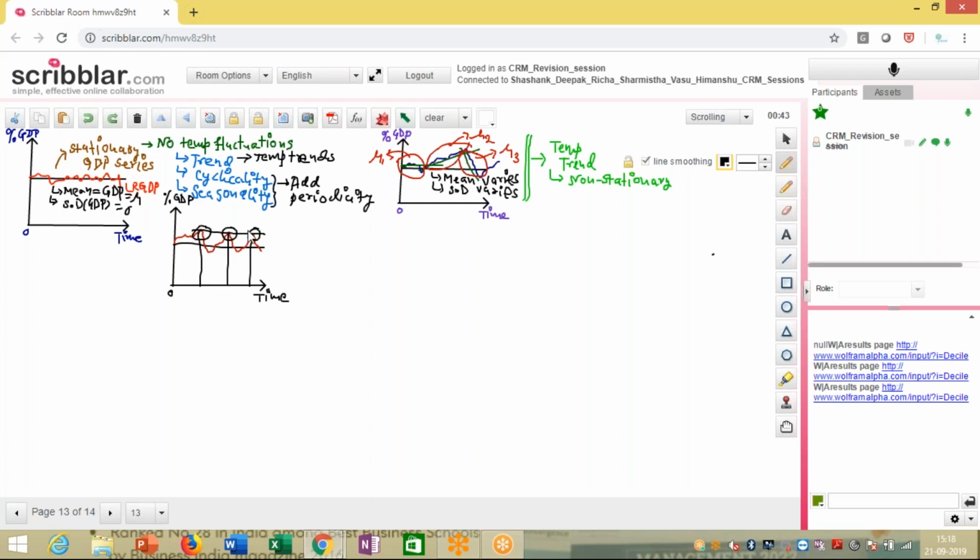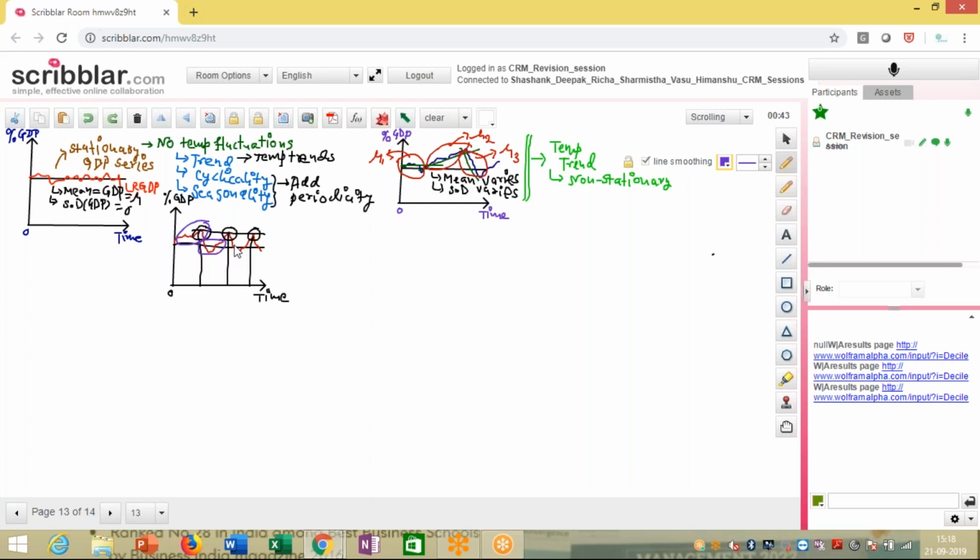So seasonality adds an element of temporary periodicity. So basically if you consider this subset, and you consider this subset, in these two subsets of the same data you will come across two separate means. So again, in the presence of seasonality, the mean varies from one point to another, from one subgroup to another subgroup.